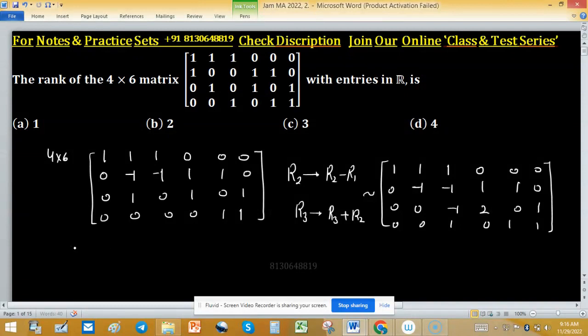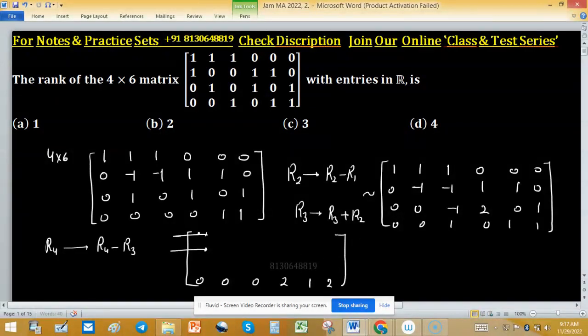Now another elementary row operation we are going to apply is R4 plus R3. So the first row is the same, the second row is the same, the third row is also the same, and the fourth row is 0 0 0 2 1 2.